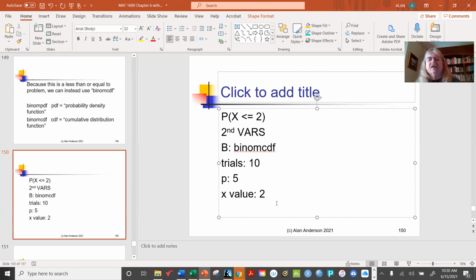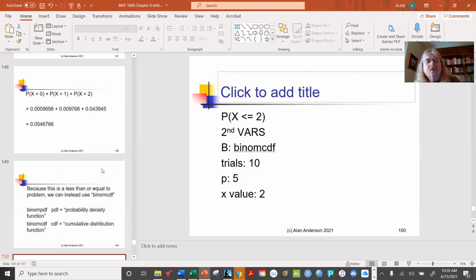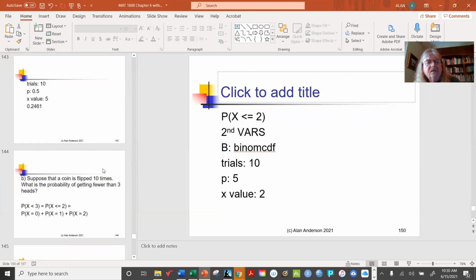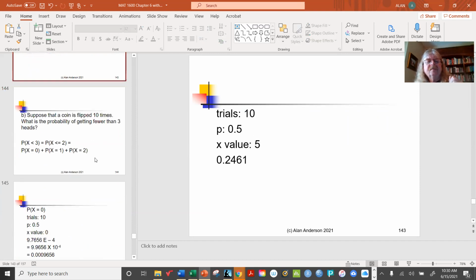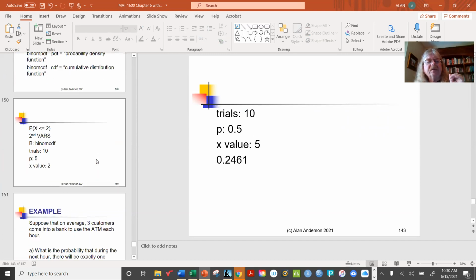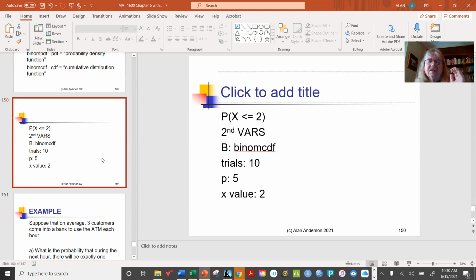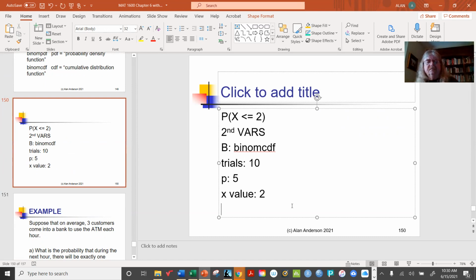So when it sees a 2 here, it understands this to mean the probability that X is less than or equal to 2. Whereas with the binom PDF, like here, for example, this is interpreted to mean the probability that X is exactly equal to 5. Okay, so this is a cumulative probability, although it doesn't really say that, does it? No.